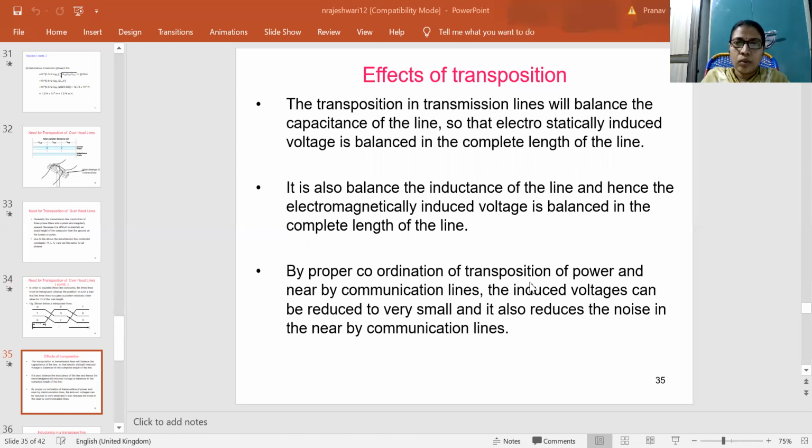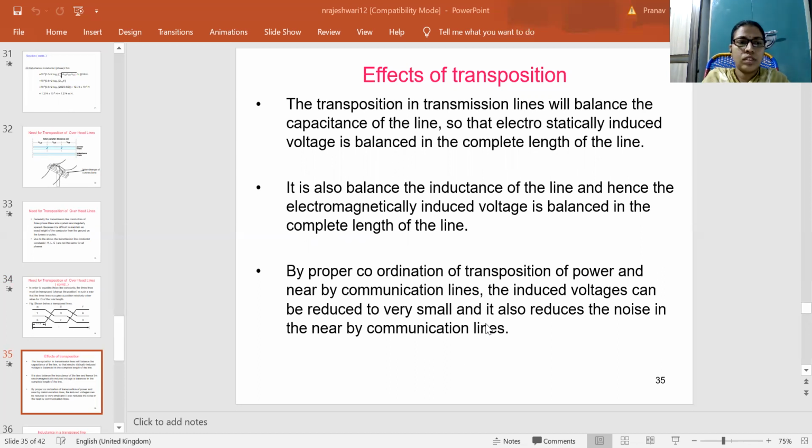By proper coordination of transposition of power and nearby communication lines, the induced voltages can be reduced to very small values, and it also reduces the noise in nearby communication lines. So these are the effects of transposition.